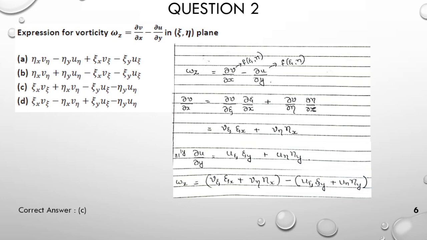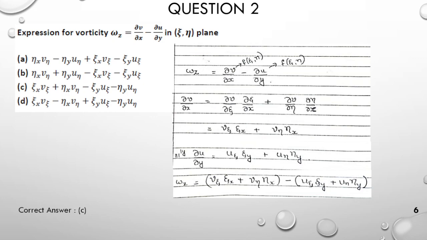I hope you have understood how we can convert the equations in the physical space to the computational space, because ultimately when we want to solve these equations, we have to do this exercise. We might be getting new equations, and whenever we get new equations we have to first work them out on pen and paper, come up with the equations, and then we can start coding. Now you can see that evaluating dou v by dou x minus dou u by dou y on a complex geometry is very difficult.